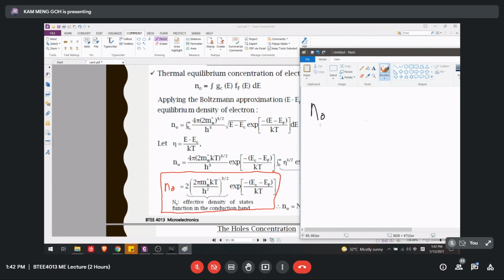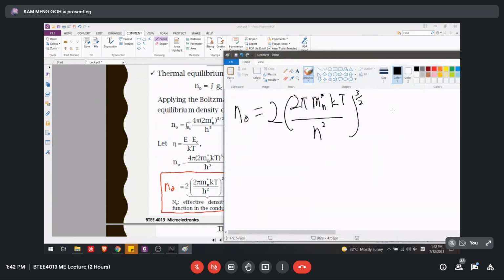In order for us to find the electron concentration, or in other words, the number of electrons, the formula must be like this: n0 equals 2 pi m asterisk kT over Planck constant squared, to the power 3/2, times exponential of minus (EC minus EF) over kT.